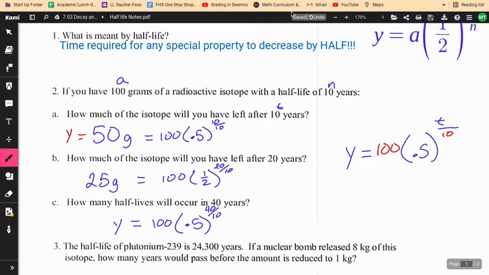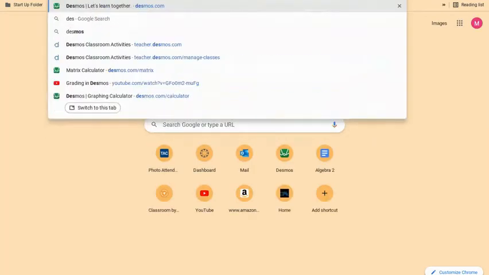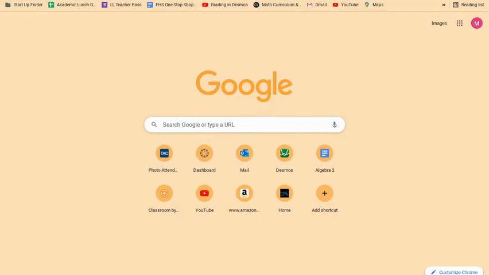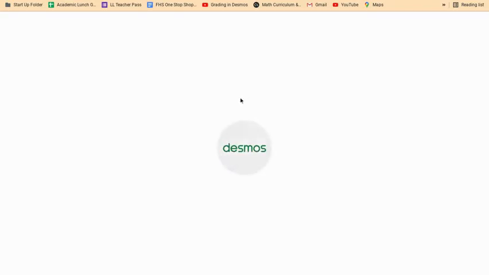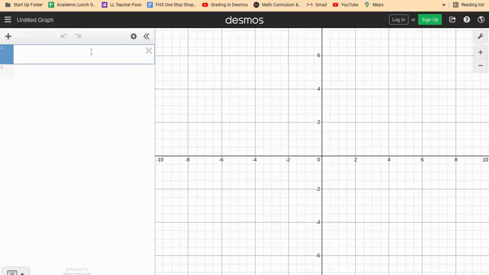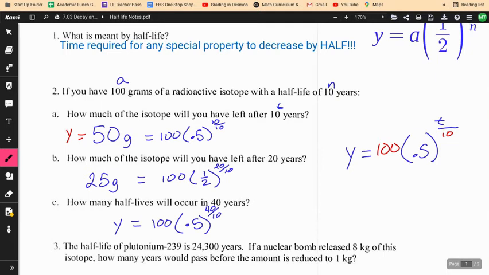I could do that on my calculator or on Desmos. So I can just do 100 times 0.5 raised to the power of 40 divided by 10, and that gives me 6.25. So the final value after 40 years, the y, is 6.25 grams left.